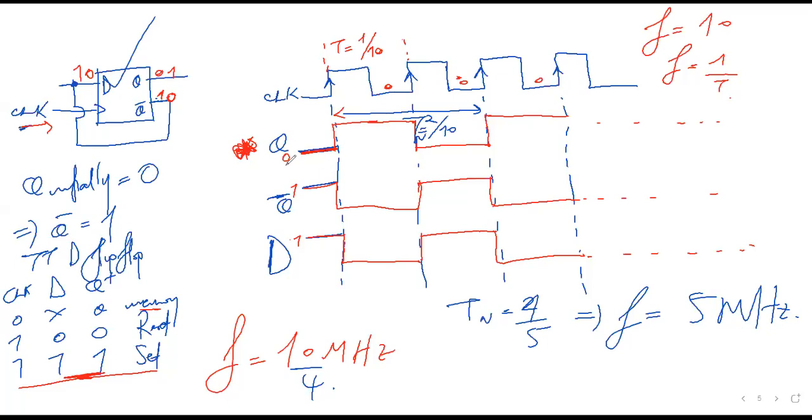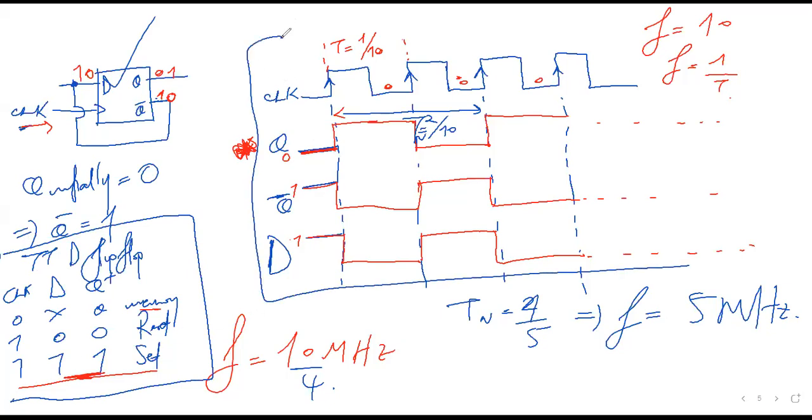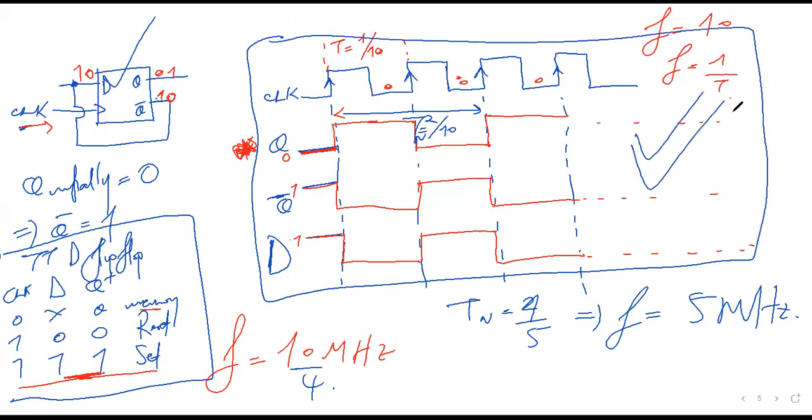No questions, no comments. Then I conclude this by putting emphasis on this. If you know the truth table, it means you can come up with something like this. When you come up with something like this, then you understand how you can apply a flip-flop in whatever you want to do.